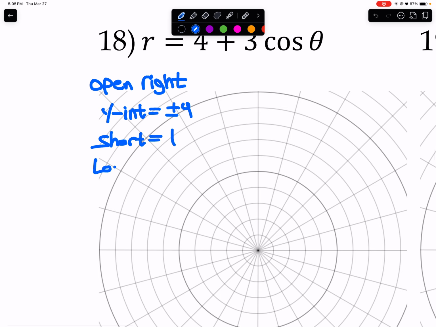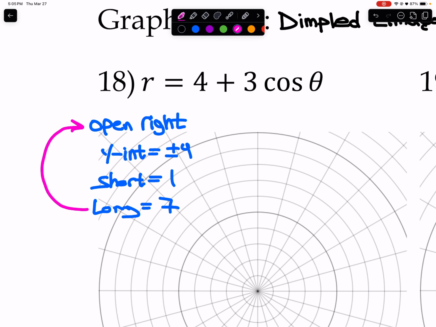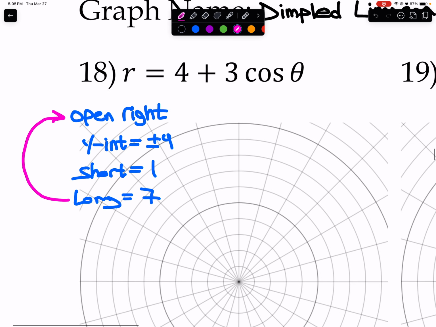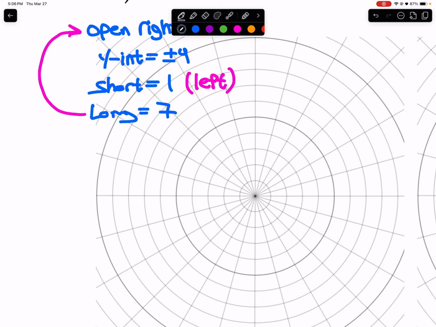And then the longer side is going to be 4 plus 3, which is going to give me 7. So what's going to happen here is the longer side will go towards the direction that it opens. The short side will go to the opposite side, which means this will actually be on the left side of the pole. So when I plot my points, I'm going to do my y-intercepts.